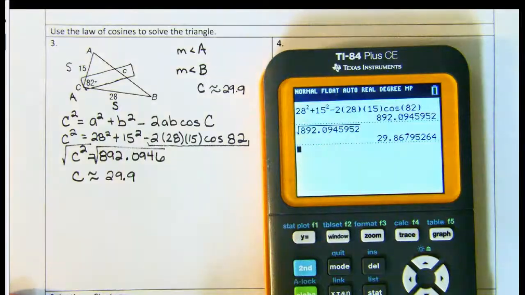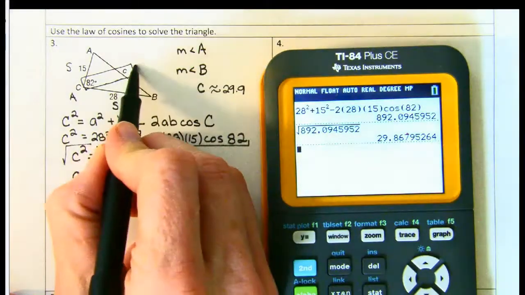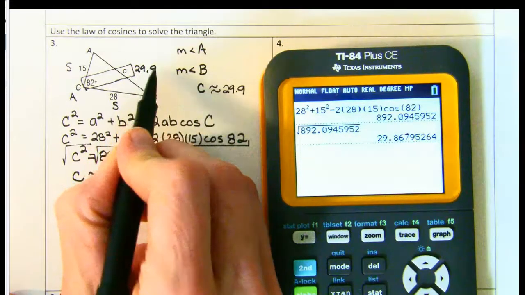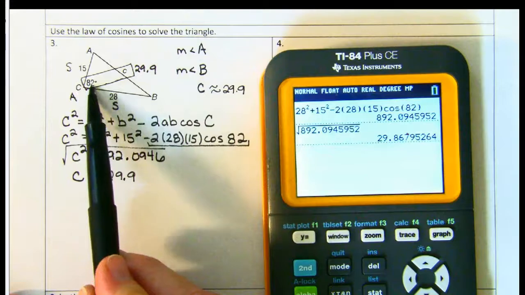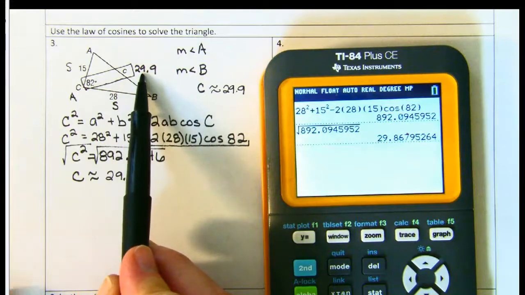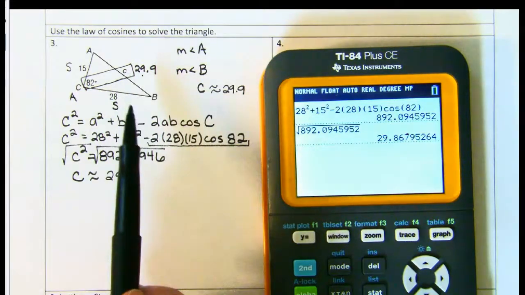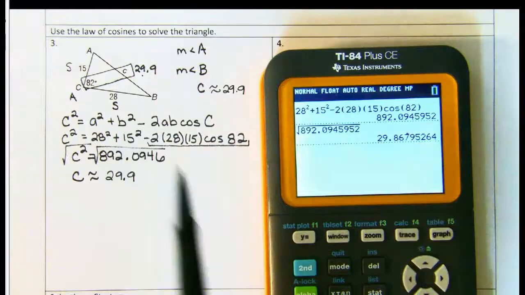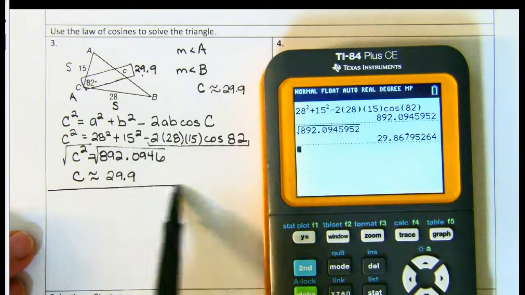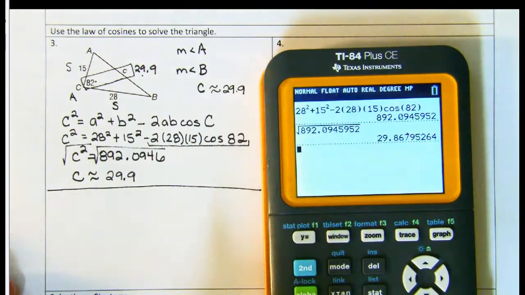Okay. Now we have good news. We have 29.9. Now we have 82 and the opposite side. So we basically throw away law of cosines. It has got us back to law of sines.